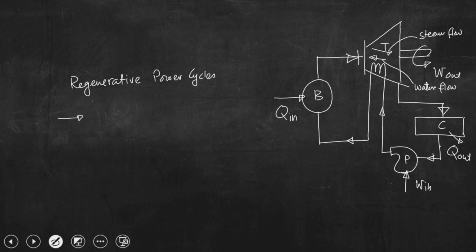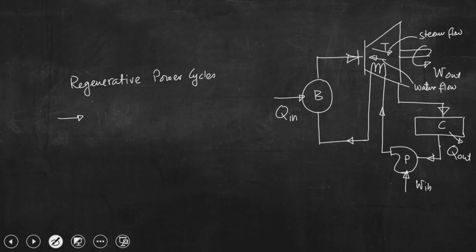Let us now briefly discuss several other avenues which we can explore. This feed water which would be pumped back to the boiler, the temperature of feed water should be increased.